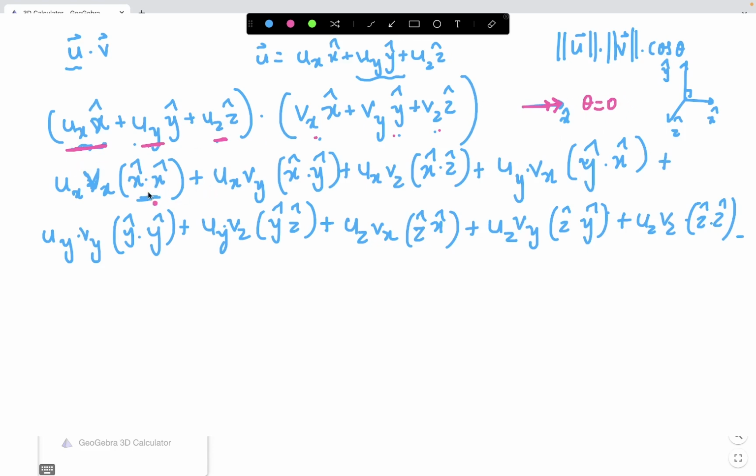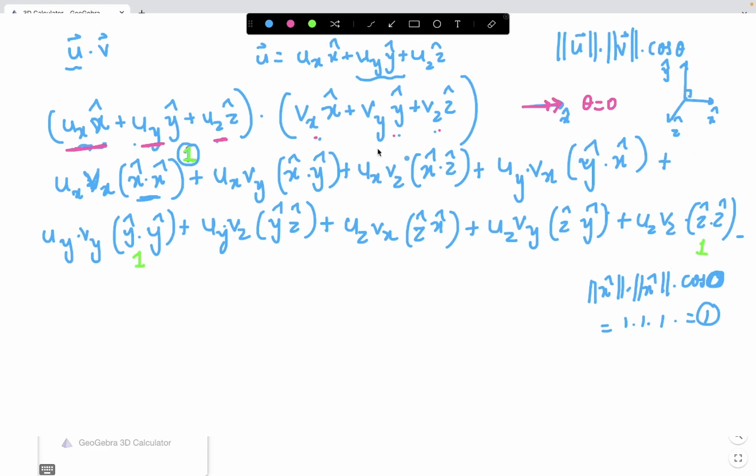So of course your x hat multiplied by x hat will also result in a value of 1, basically because your magnitude of x hat multiplied by magnitude of x hat again multiplied by cos 0 would result in 1 multiplied by 1 multiplied by 1, that is equivalent to 1. So x hat multiplied by x hat would result in a value of 1. So y hat multiplied by y hat will again result in a value of 1. Z hat multiplied by z hat will result in a value of 1.